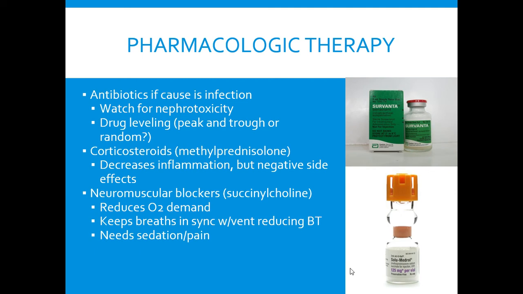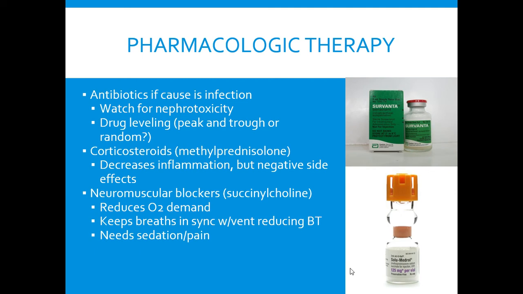Succinylcholine is the most well-known depolarizing neuromuscular blocking agent. It's considered to be the drug of choice for emergency department RSI kits. So that's rapid sequence intubation. It provides the optimal conditions during intubation of critically ill patients. Also, these drugs help to reduce oxygen demand by limiting that muscle movement, so they're paralyzed.